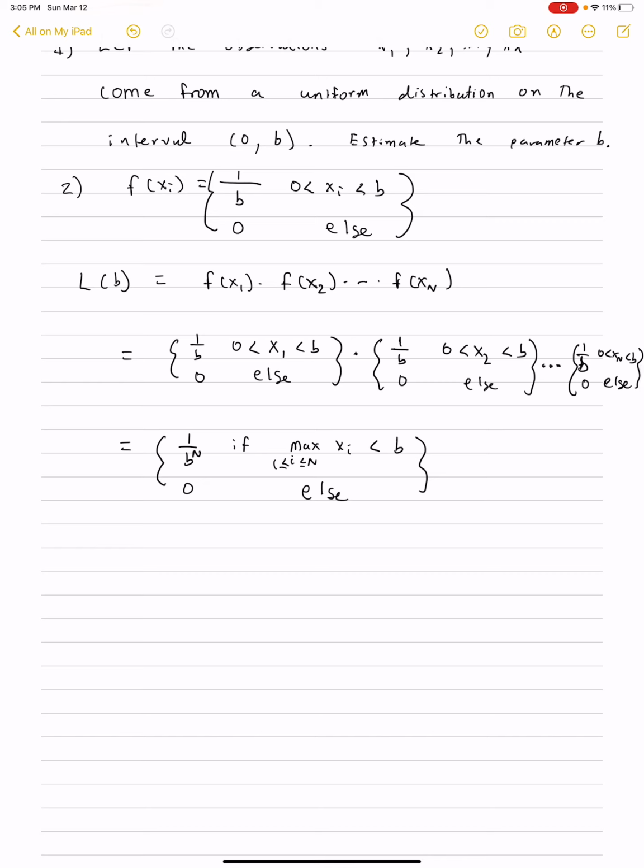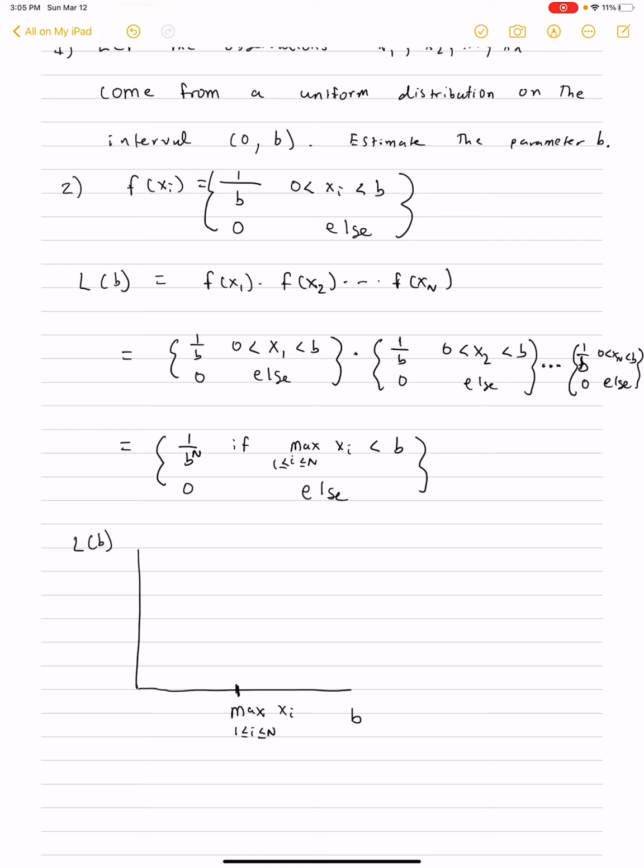Let me just draw this likelihood function for us. It's of the parameter b, so that goes on the x-axis. This likelihood goes on the y-axis. B is the input parameter, so it's 1 over b to the n if b is greater than this maximum from 1 to n of each of the observations.